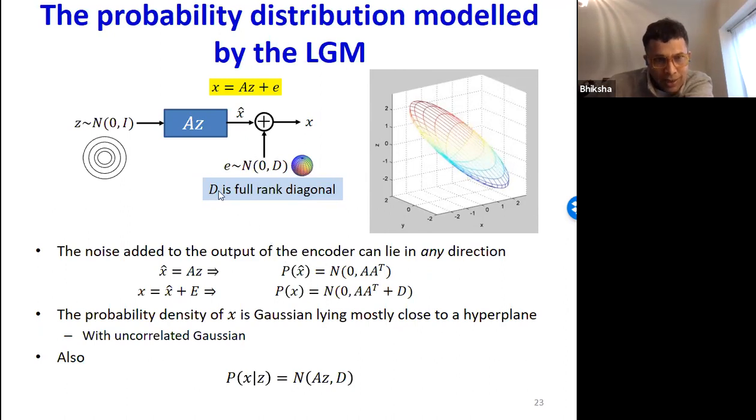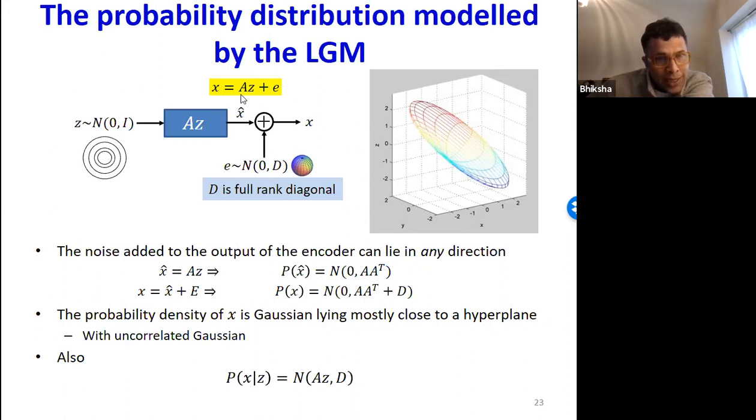And once again, if you look at this generative model, the probability distribution of X hat is a Gaussian whose variance is AA hat. The probability distribution of X is also a Gaussian with zero mean, whose variance is AA hat plus D. And furthermore, if I gave you Z, then as we saw in the last class, X hat is deterministic because Z is now known. So AZ is known.